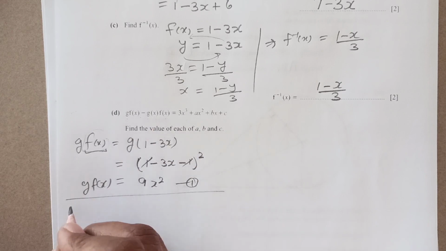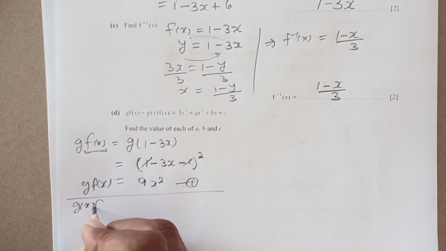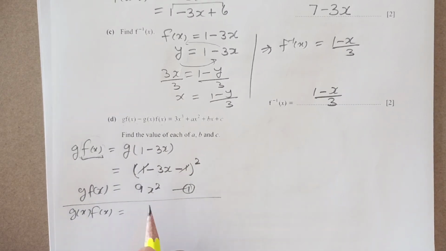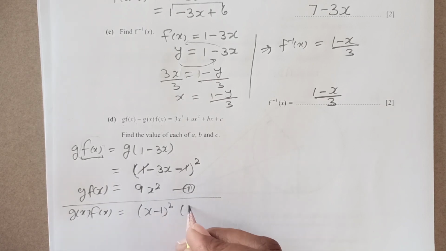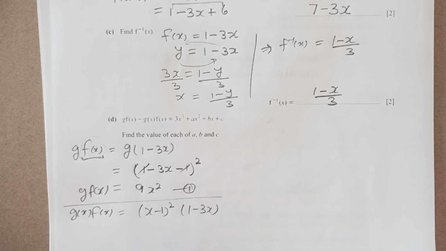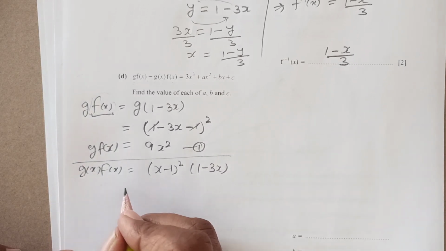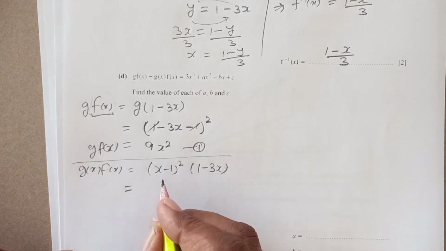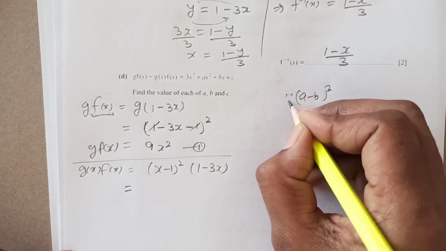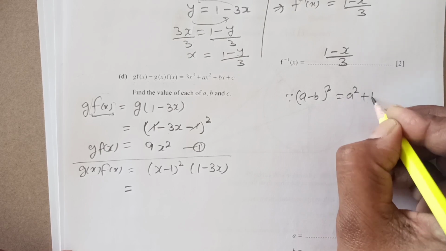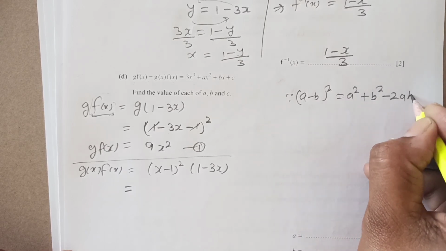Next we need g(x) times f(x). So g(x) is (x minus 1) squared and f(x) is 1 minus 3x. Now we are just going to expand the bracket. For (x minus 1) I'm going to use the formula (a minus b) whole squared equals a squared plus b squared minus 2ab, right?